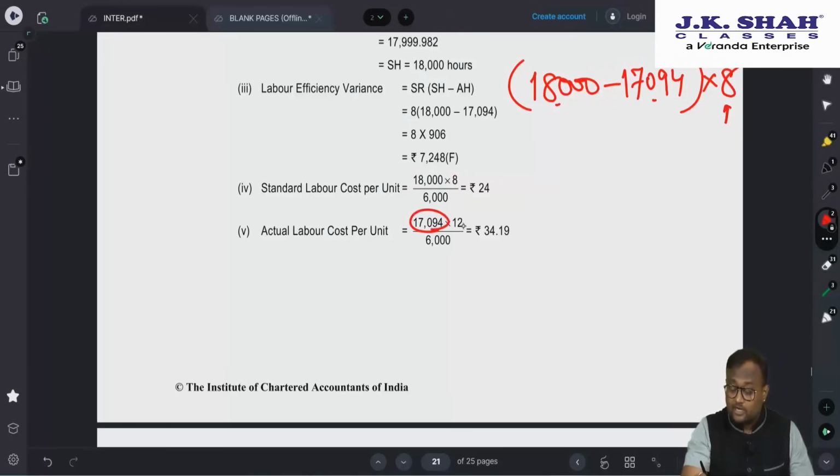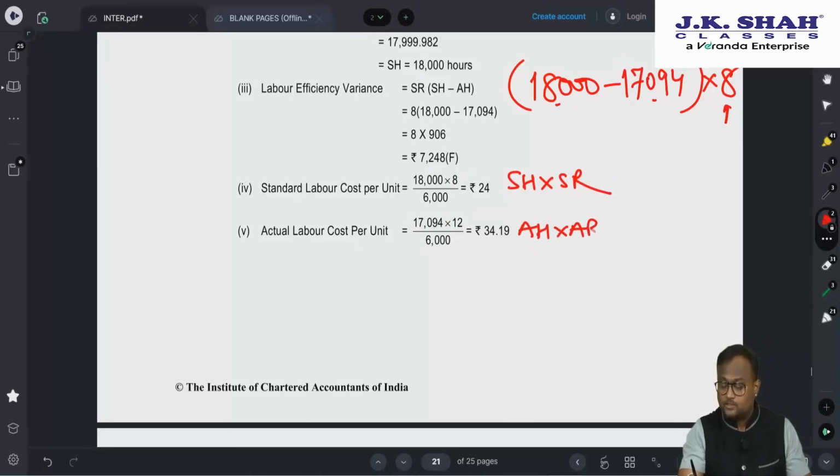Actual hours 17,094, actual rate 12. That will give you actual cost. So, guys, standard hours into standard rate and actual hours into actual rate is bound to give you standard cost and actual cost. Both will be divided by 6,000 to give you the labor cost per unit.